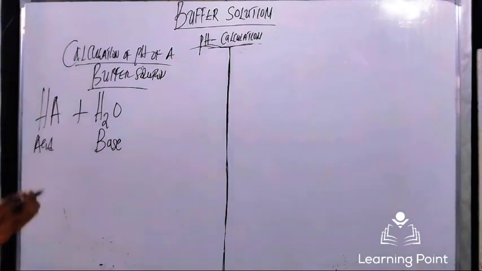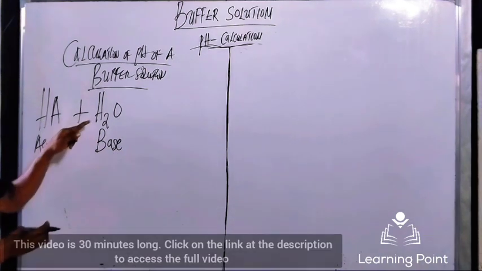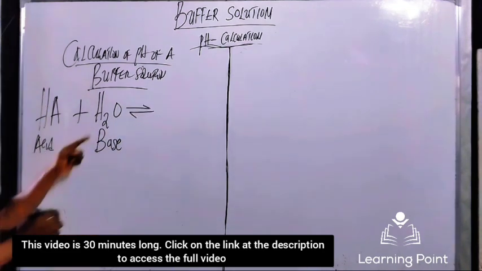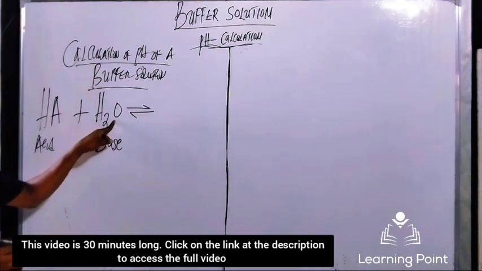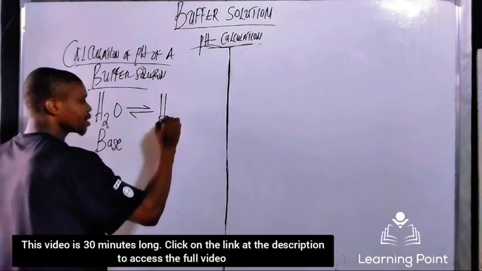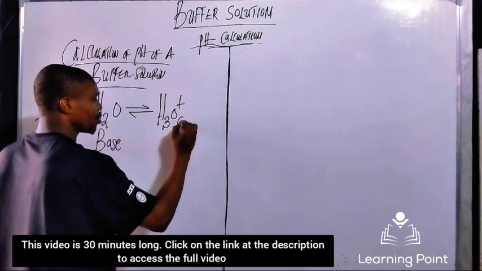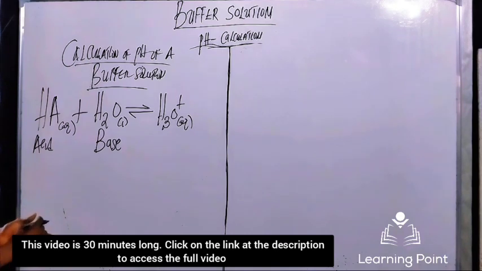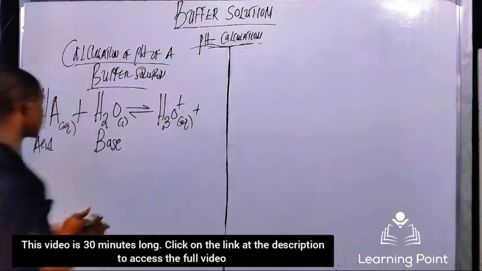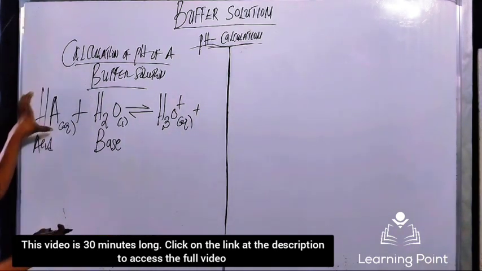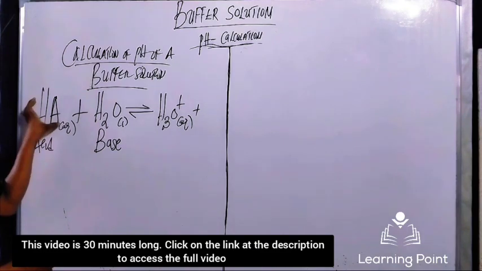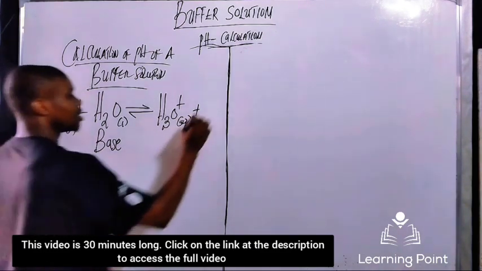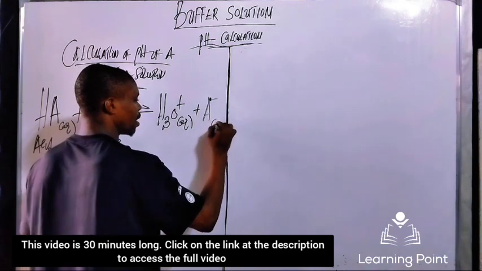This acid will donate a proton to water. Once water accepts the proton, it becomes H3O plus aqueous, and the acid, having lost the proton, forms A minus aqueous.